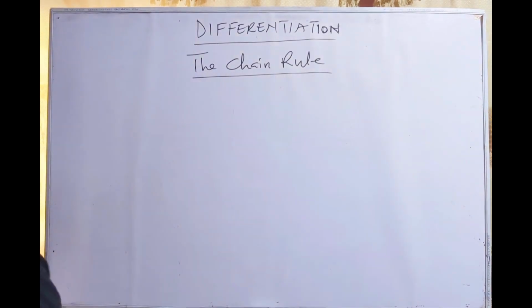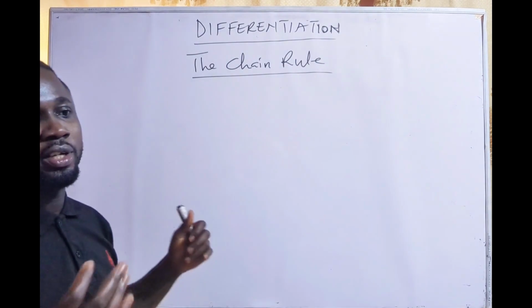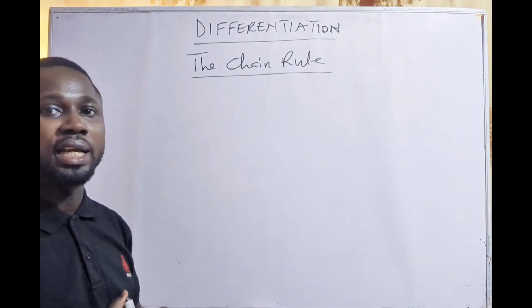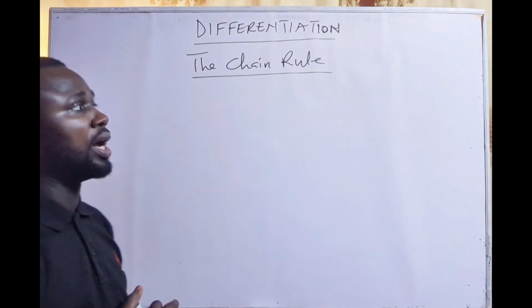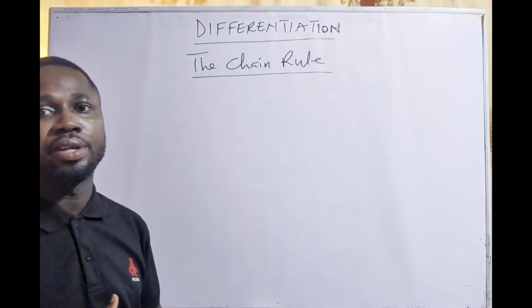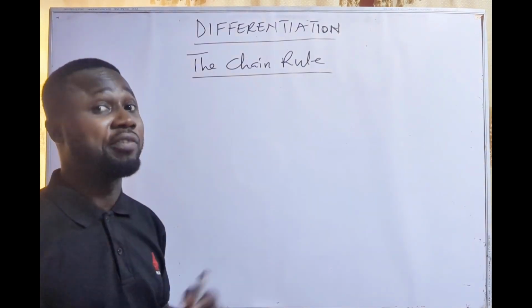Normally the chain rule is applied when we have a function which is more than a term, and the exponent may be a higher value.